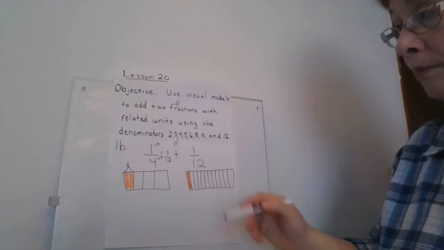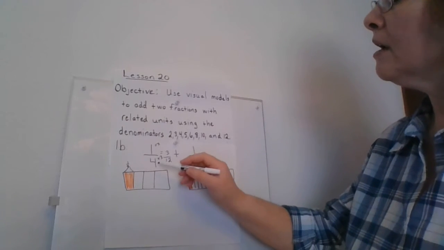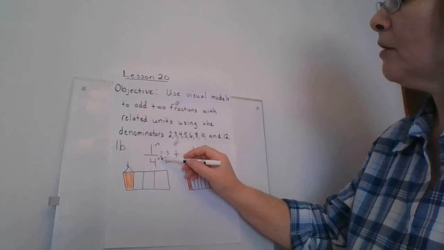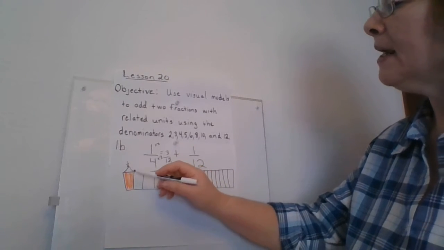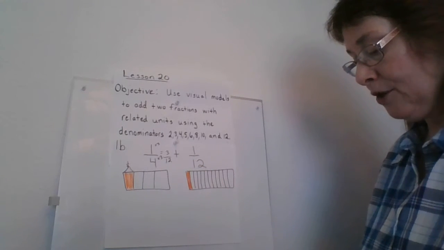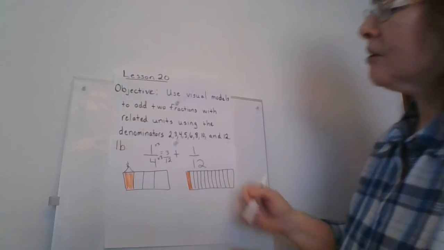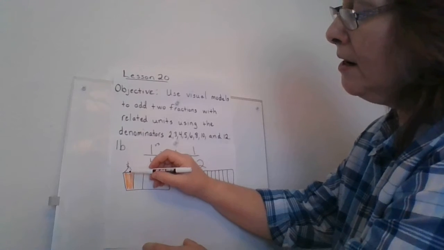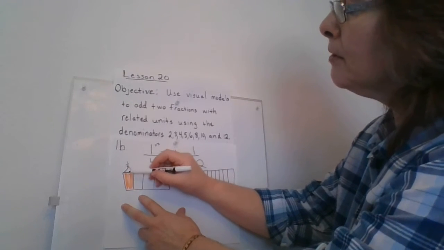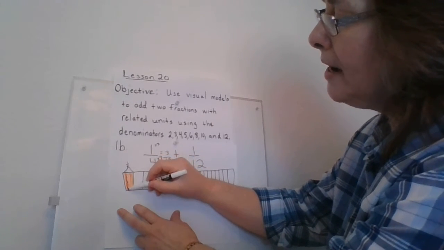So down below, I'm going to do the same thing. Instead of fourths, I multiplied each piece, so I have to cut it into thirds. So in order to make this 3 pieces, I'm going to draw 2 lines.